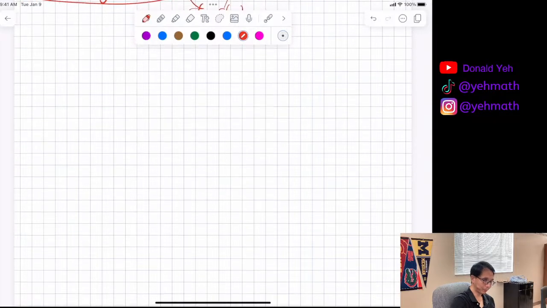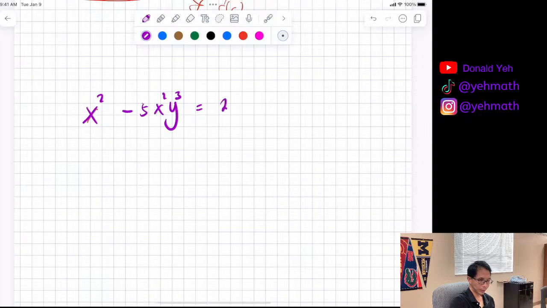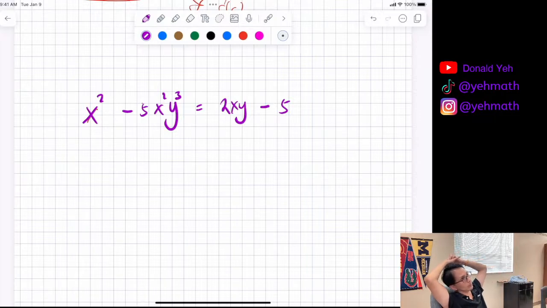All right, try one. So x squared minus 5x squared y to the third is equal to 2xy minus 5. This could be one question right here.